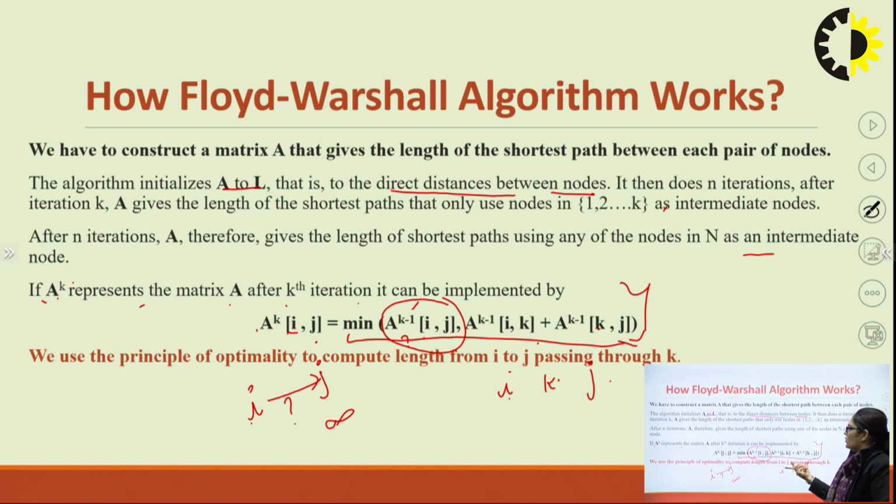Otherwise, if this value is greater than A^(k-1) ij, then we keep the A^(k-1) ij value.